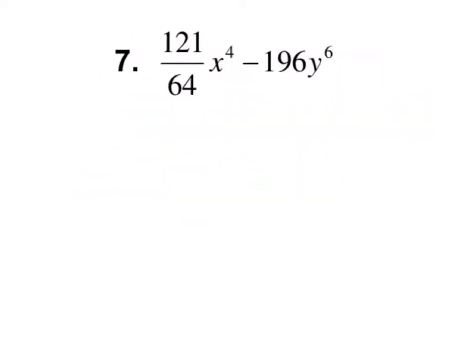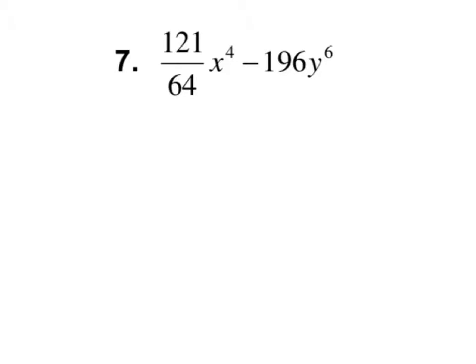Okay, so first I'm looking for GCF. Well, that first term is really ugly because it's a fraction. So I don't really have a GCF that'll work right off the bat. But then I start noticing all of my numbers are perfect squares. And then my powers are x to the 4th and a y to the 6th. So everything's a perfect square and they're being subtracted.